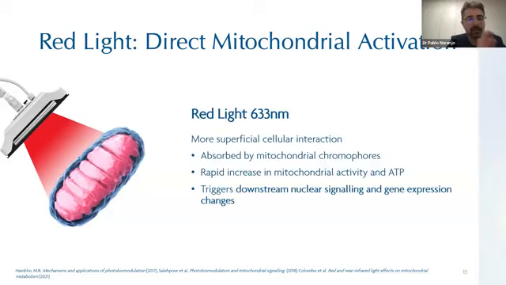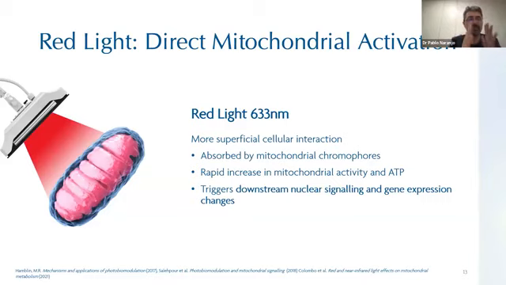Okay. So here, red light: we have many wavelengths of it, red light is not just one wavelength. We can have red light at 600 nanometers, 615, 633, 650 nanometers. But the most studied wavelength for a light emission diode technology is 633. If you go to PubMed, it is the most studied wavelength we have in the market. But it is extremely important to have a specific wavelength, not a range between 600 and 640.